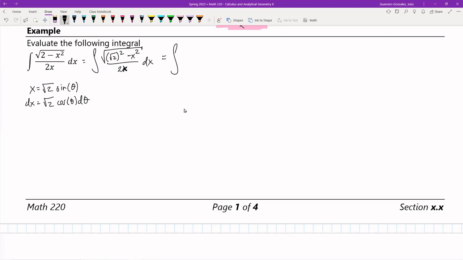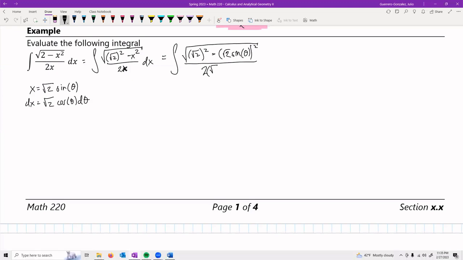So integral, it's going to be the square root, I'm actually not going to put the lid on it yet, of root 2 squared minus root 2 sine theta squared, and now I'm going to put the lid on it, all over 2 times x, which is root 2 sine of theta, times my dx, which is root 2 cosine theta d theta.